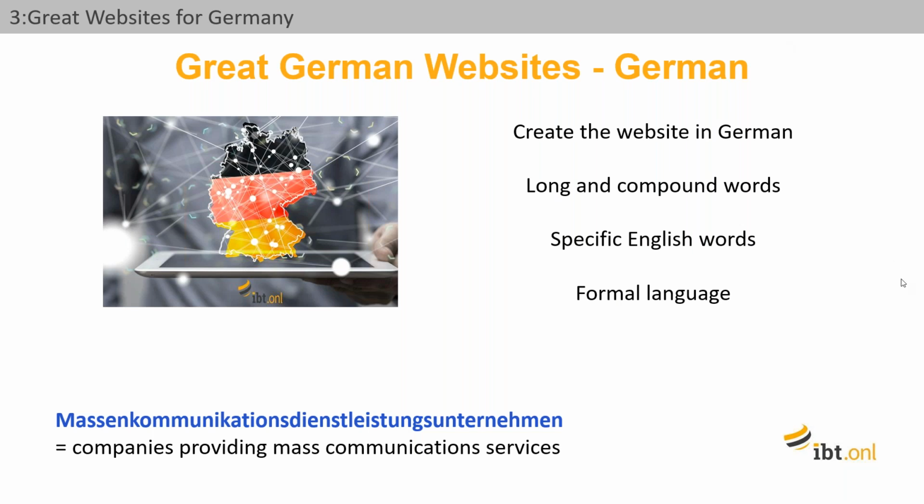The first thing you need to be aware of when it comes to websites in Germany is that the best German websites are in German. Even though 70% of Germans speak English, Germans prefer to read in their own language. That makes German the third most common language on the internet, and Germans can find almost everything they need in their mother tongue.